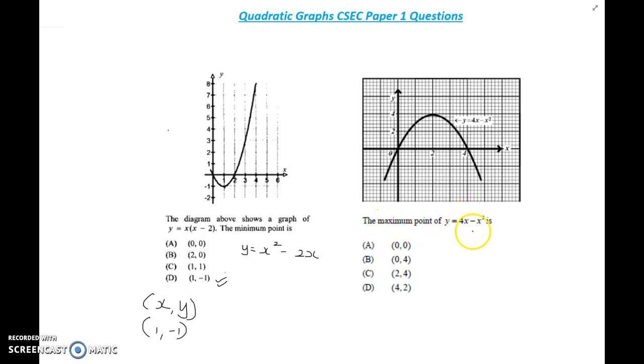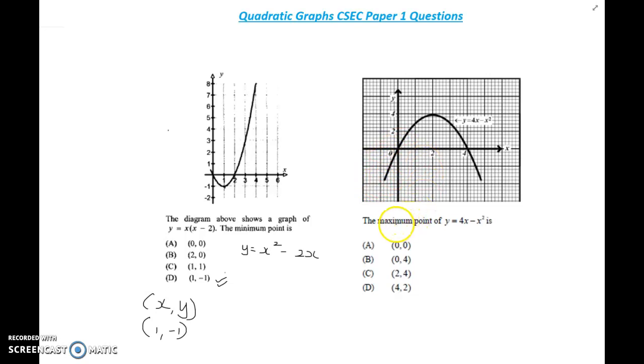Looking at the question here, we have y equals 4x minus x squared. So the number before the x squared is actually -1. So that's how we get a maximum curve. Maximum whenever the number before the x squared is negative.